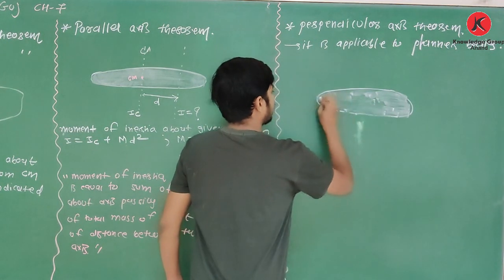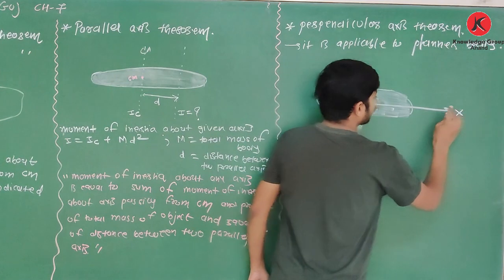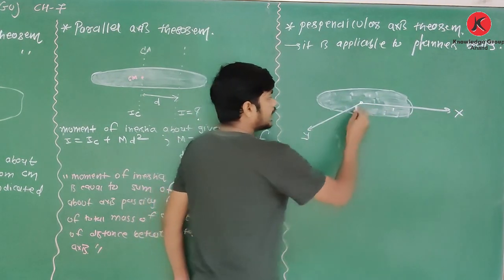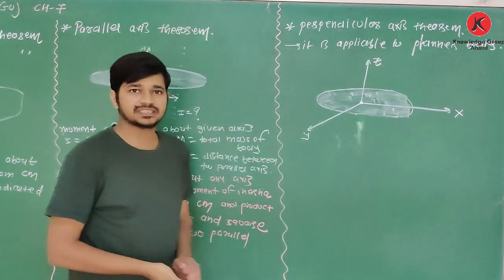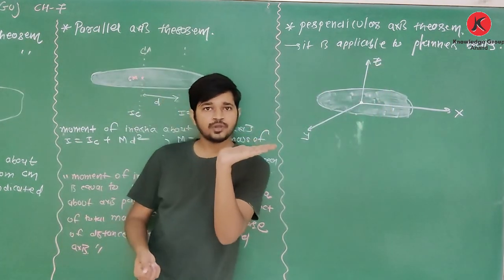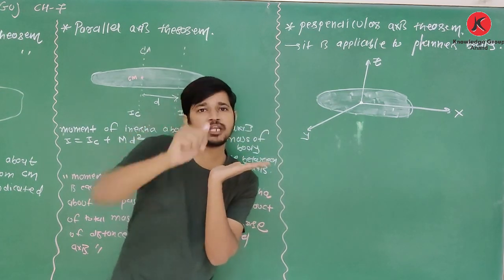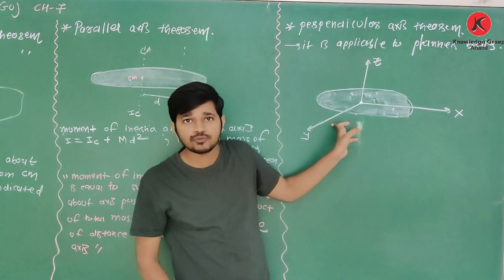This disk lies in the xy plane, and the z-axis is perpendicular to it. For example, see like this. If it is a disk, this is the x-axis, and this y-axis is perpendicular outside.